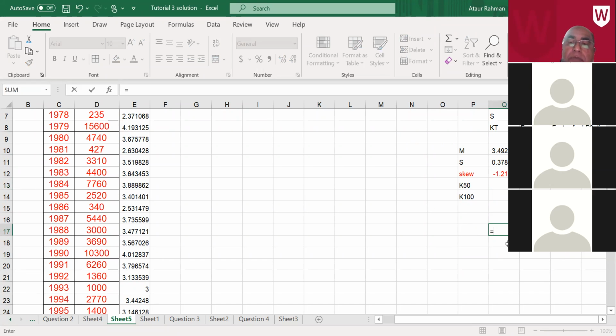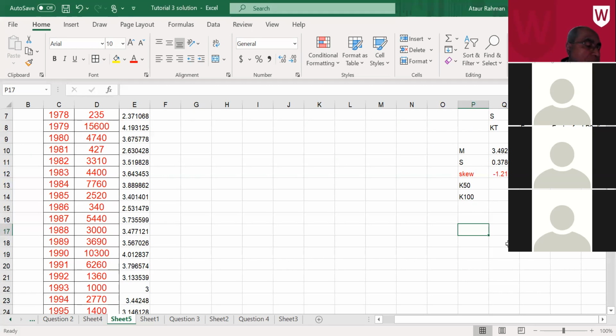When you do the interpolation, first you write your range of values.